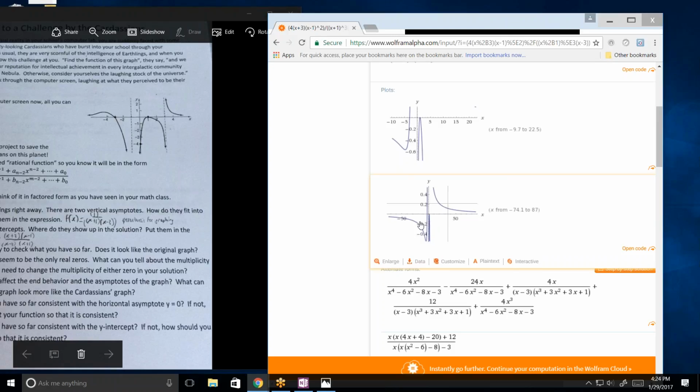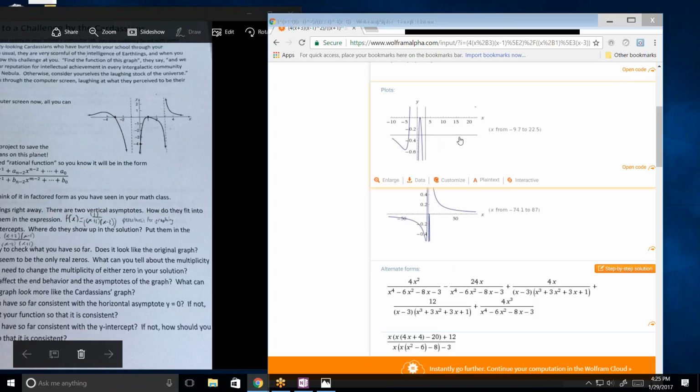The graph on the lower right appears to be correct, except I don't see this lower left part crossing that horizontal asymptote. Yeah, and it kind of shoots back up, it looks like, too. Well, from over here, yeah, I don't know. This one up here, there's something wrong with it.